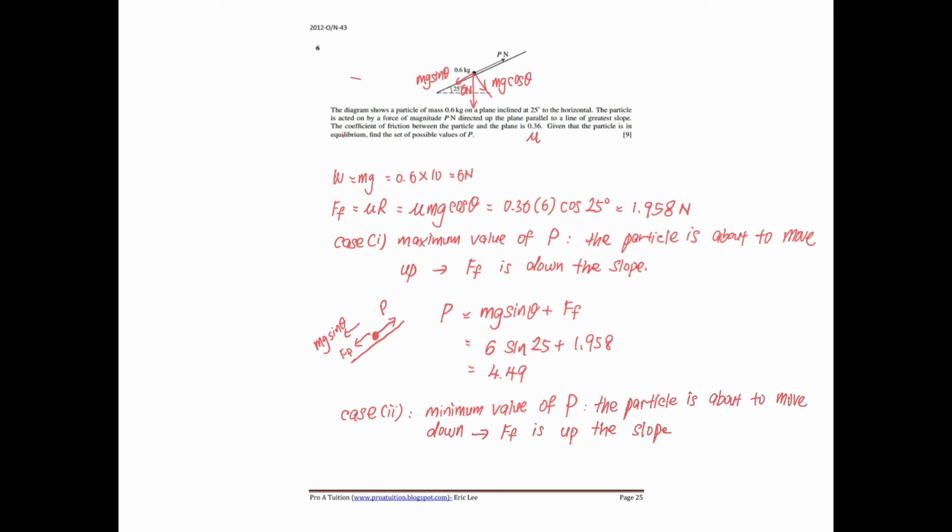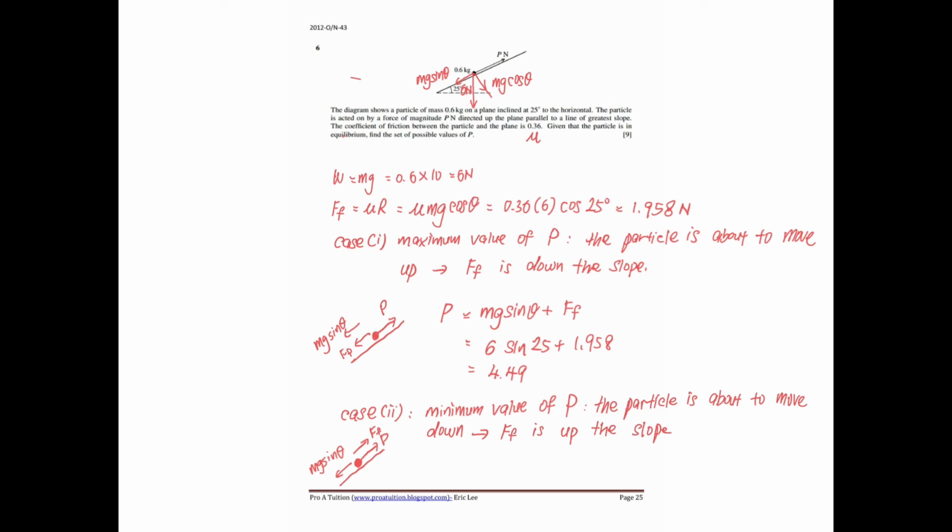So in this situation, let me draw out. If the particle is here and P is so small until not enough to hold it, because of that, the particle is about to move downwards, and the frictional force, which always acts opposing the motion, is in this direction, and mg sine theta is always down the slope. This is the weight component.